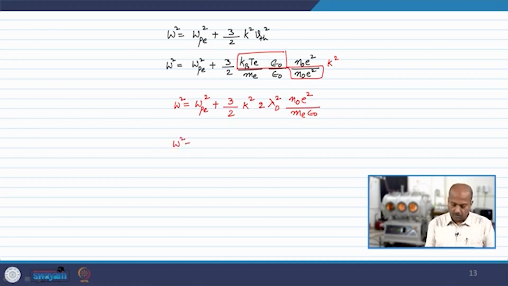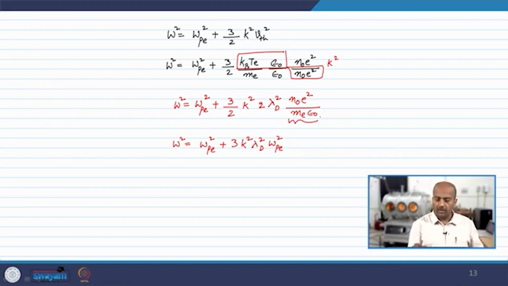So, simplifying, omega square is omega pe square plus 3 k square lambda D square omega pe square. So, this is again the plasma frequency. How did we get this term? In order to accommodate lambda D, we multiplied with epsilon naught divided by epsilon naught, multiplied with n naught e square divided by n naught e square, just so that we can call kB T e epsilon naught by n naught e square as lambda D square, and the remaining terms resemble the plasma frequency.